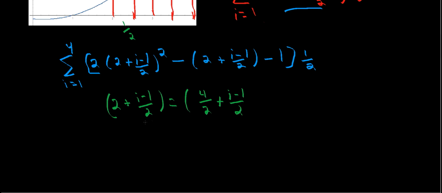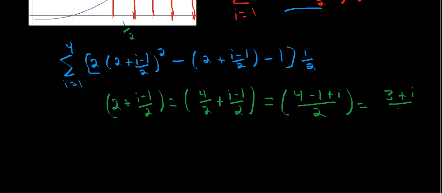All I did here is make it where they have a common denominator. So I multiplied this by 2 and divided by 2, and I got 4/2. But now I can combine these two terms, equals 4 plus I minus 1. I'll write that out: 4 minus 1 plus I over 2. And this equals 3 plus I over 2.